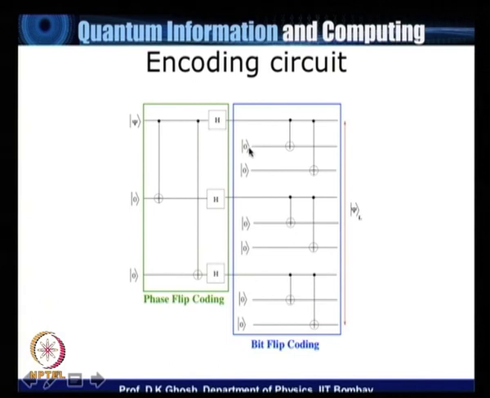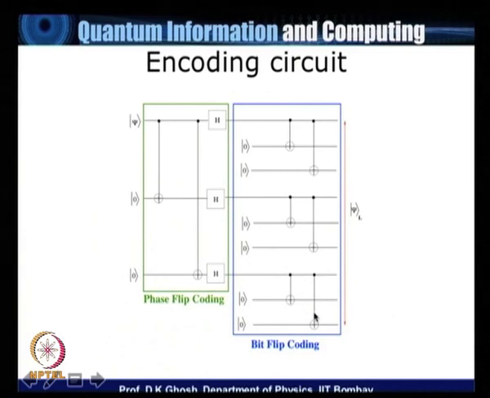Now I have introduced two more ancillas, which have been put at 0, 0, and to each I apply a CNOT gate the way it has been shown. Qubit 1 acts as the control and does the CNOT gate on qubits 2 and 3. Qubit 4 acts as the control and does it on 5 and 6. Qubit 7 acts as the control and applies the CNOT gate on 8 and 9.